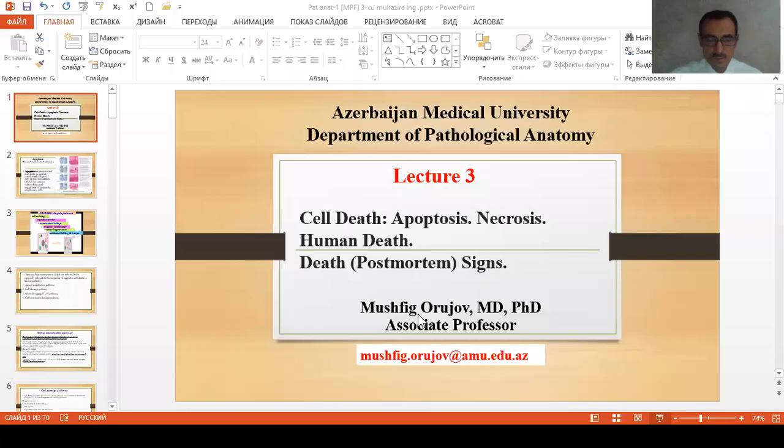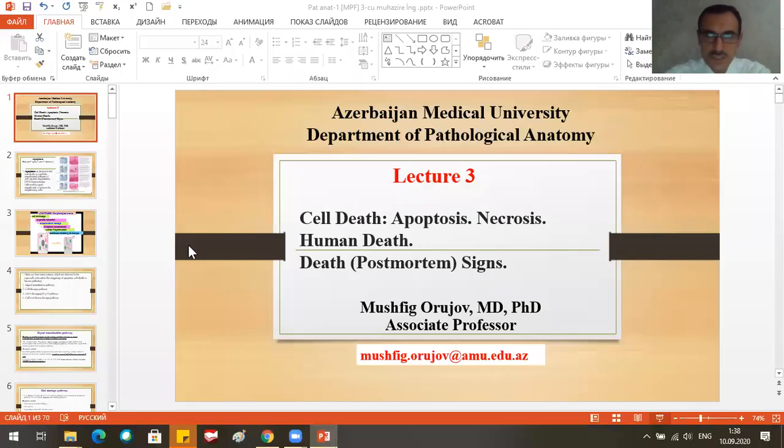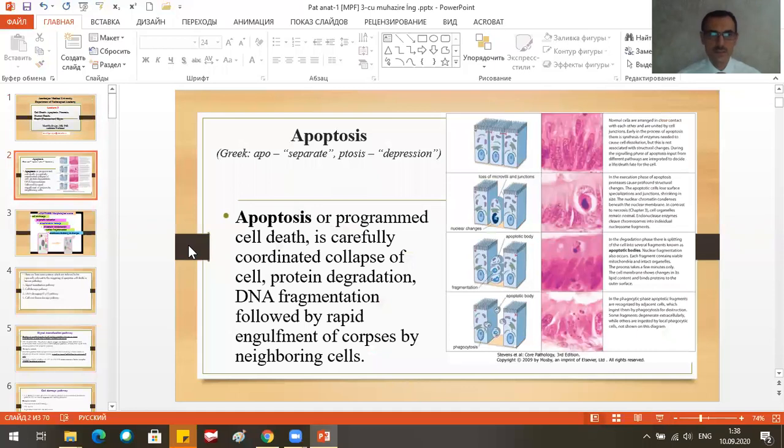We finished our today's lecture. Let me summarize today's lectures that today we'll discuss about the cell death, about the 2 types of the cell death, the apoptosis and necrosis. As we said, that apoptosis, this is the programmed cell death.